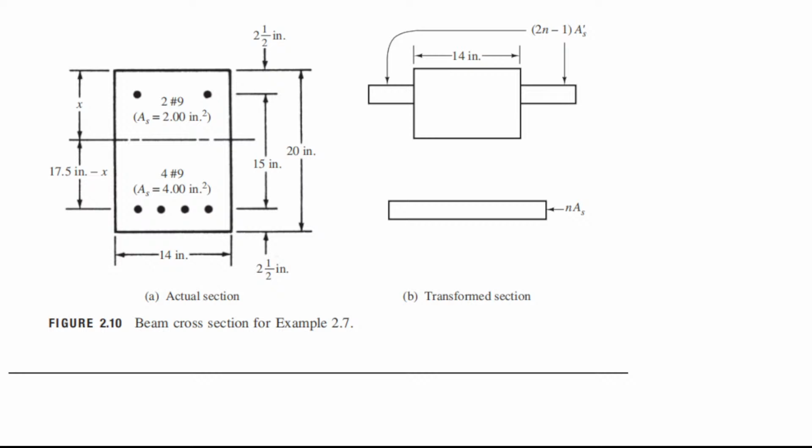When we are talking of top bars, that factor is 2n minus 1. We need to multiply As prime by 2n minus 1, as you can see on the figure.